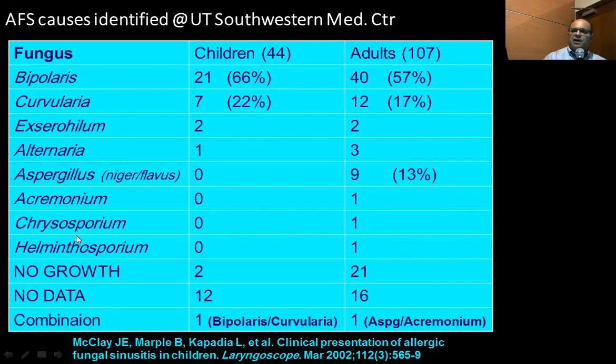What kind of fungi causes allergic fungal sinusitis? In this study from University of Texas Southwestern Medical Center, comparing children with adults, Bipolaris had the lion's share, followed by Curvularia and some Aspergillus.